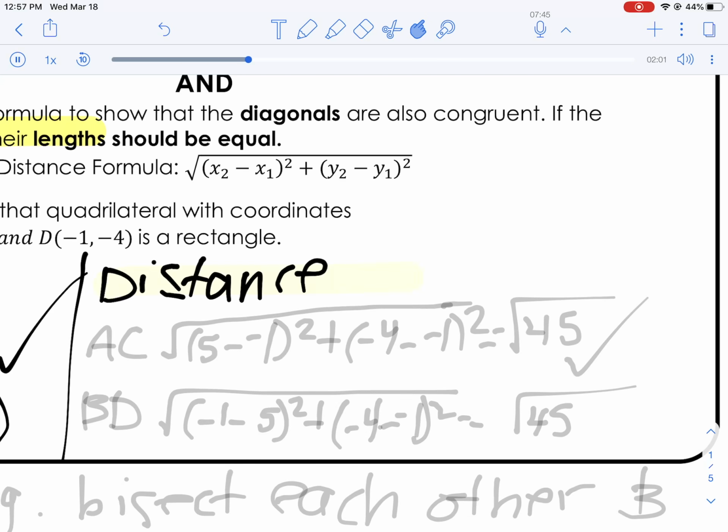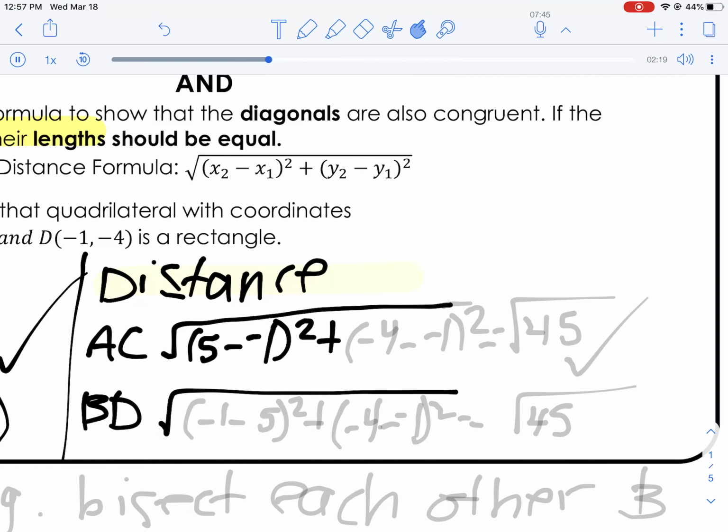So for distance, for AC, and then we're going to do BD after. So for AC, we would be plugging in 5 minus -1 squared plus -4 minus -1 squared.